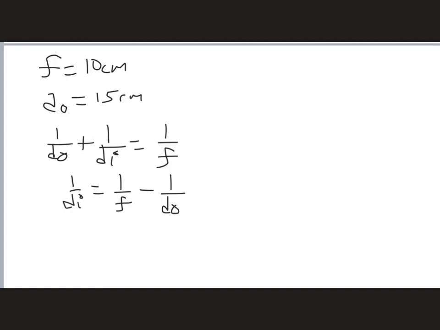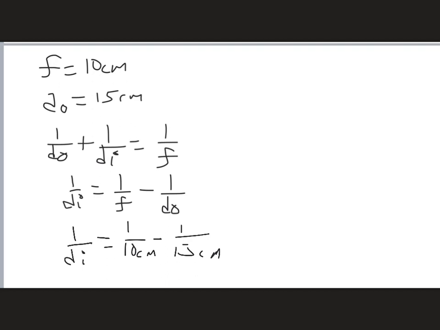And so we get that 1 over the image distance is equal to 1 over the focal length, which is 10 centimeters, minus 1 over the object distance, which is 15 centimeters. And that's going to have a common denominator of 30.